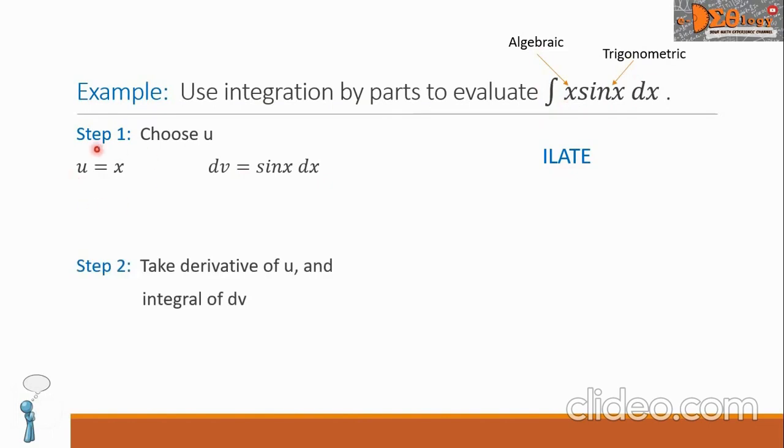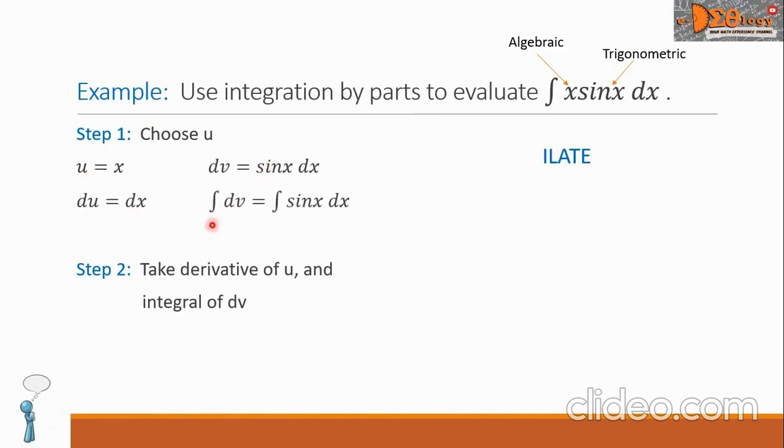We will take the derivative of u and we will take the integral of dv. So we have now the derivative of u, du, is equal to the derivative of x, which is dx. While here we will show that the integral of dv is equal to the integral of sine x dx.